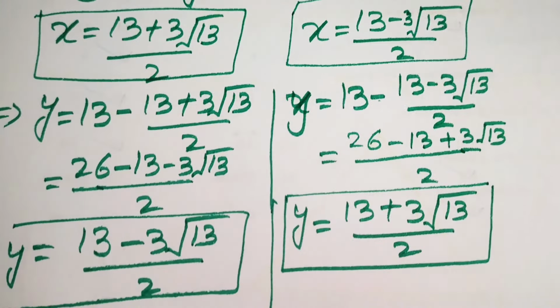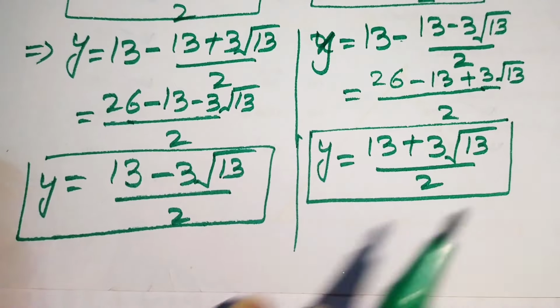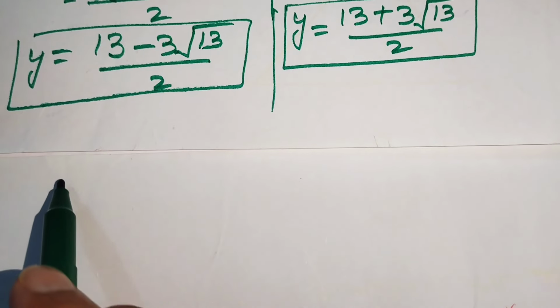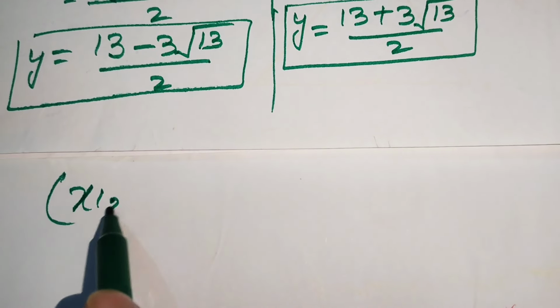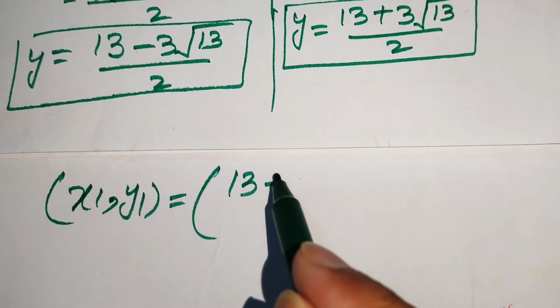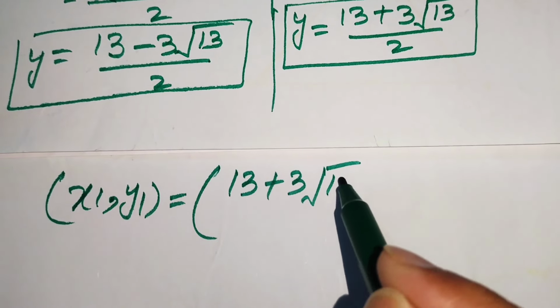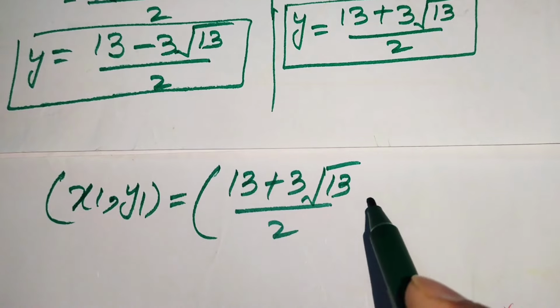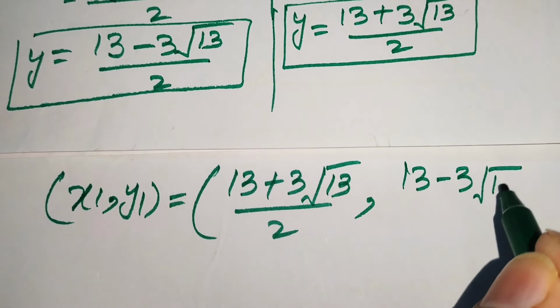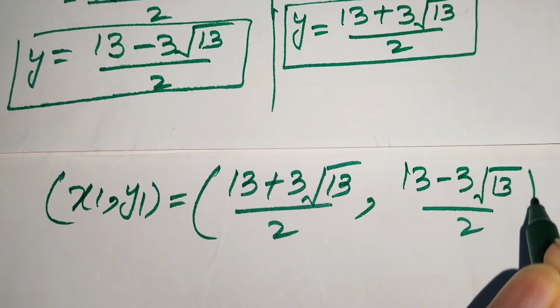Okay, so finally we have the two solutions of the given equation. So the final solutions of the given equation are x1, y1 equals 13 plus 3 into the square root of 13 divided by 2, and the value of y1 is 13 minus 3 into the square root of 13 divided by 2.